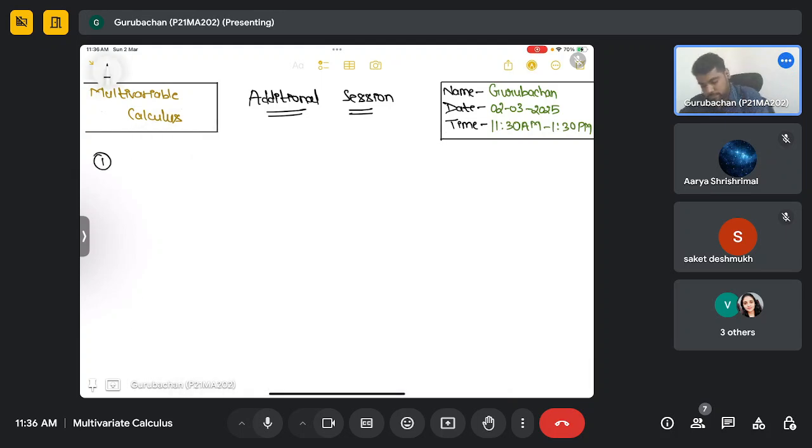Question number one. We will start with one easy question of continuity, or you can say limit existence.